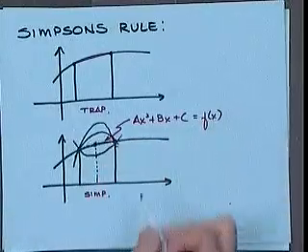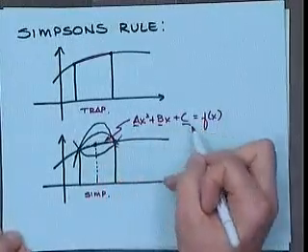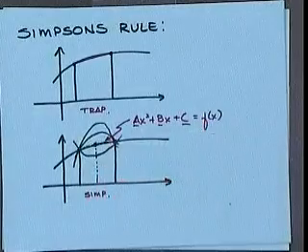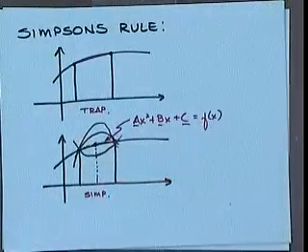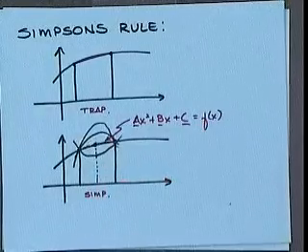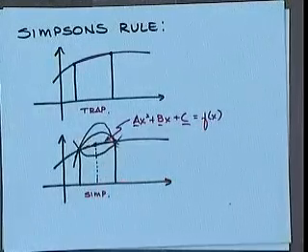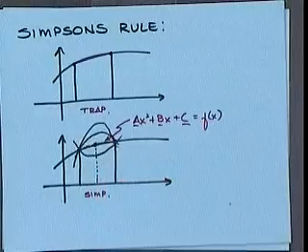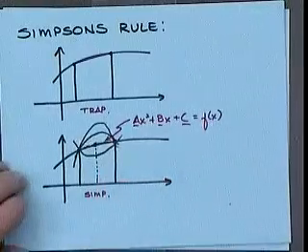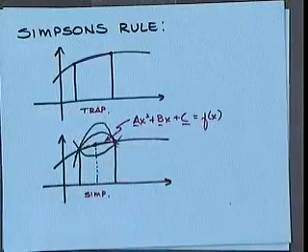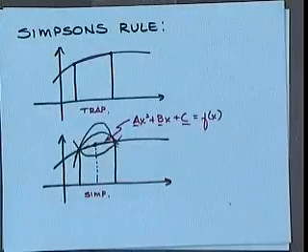The problem is we don't know A, we don't know B, and we don't know C to make it fit to that region, and it might change as we go from one region to the next. Because the curves change, one could be concave down, it could change to concave up, and we want to match it with a different kind of parabola. So some of this is in your book. I actually got most of this from another text.